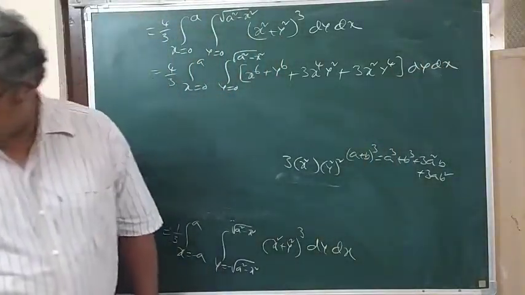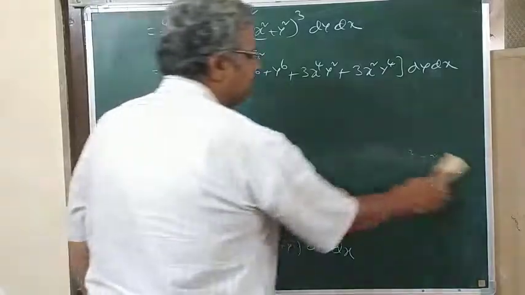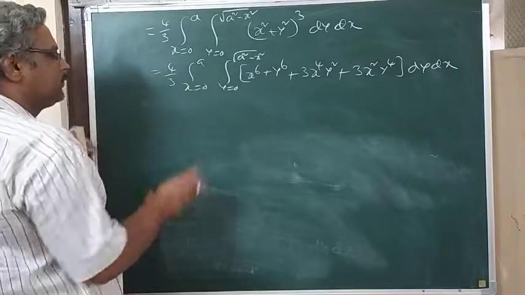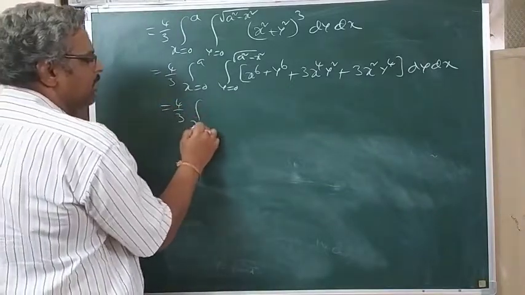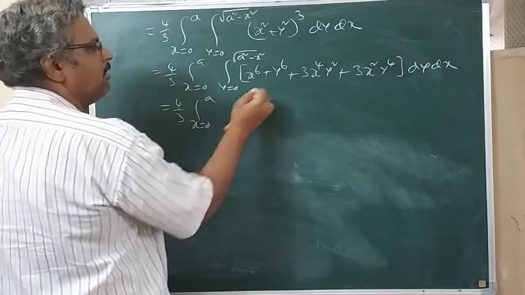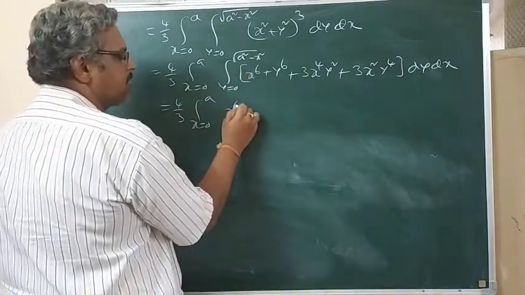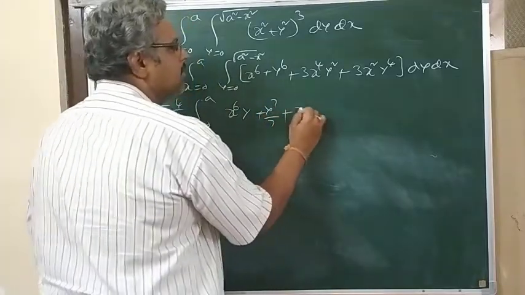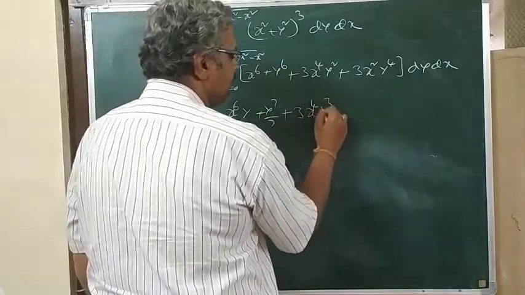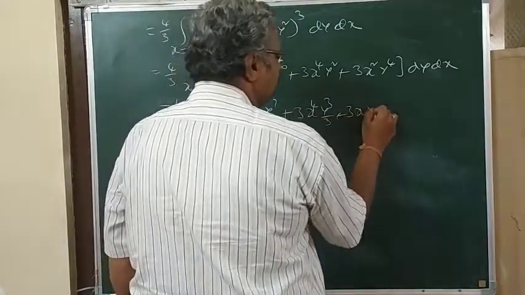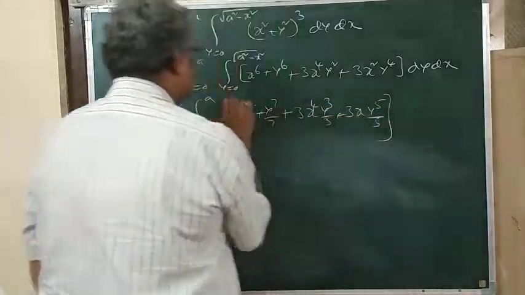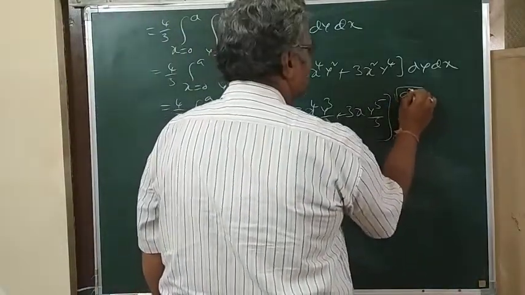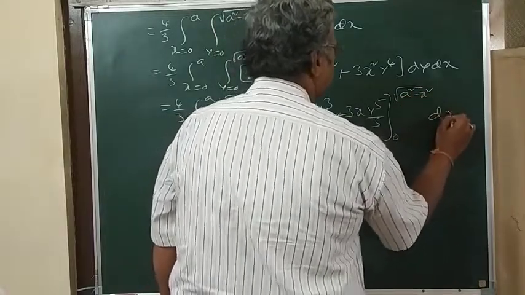Now integrating with respect to y. 4 by 3 times the integral, x is 0 to a, x power 6 into y, plus y power 7 by 7, plus 3x power 4 y cube by 3, plus 3x square y power 5 by 5, from 0 to root over a square minus x square, dx.